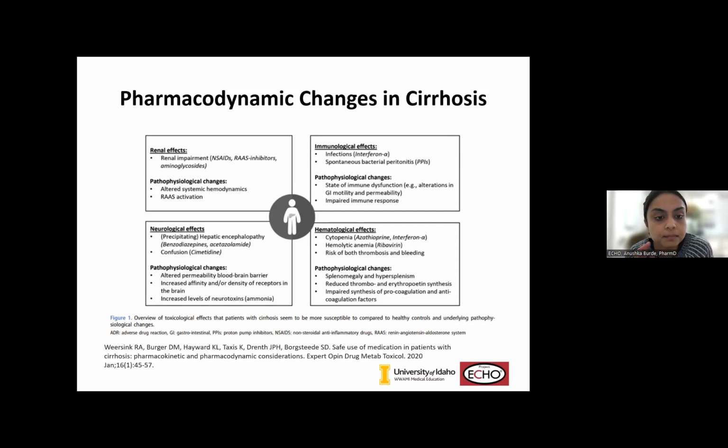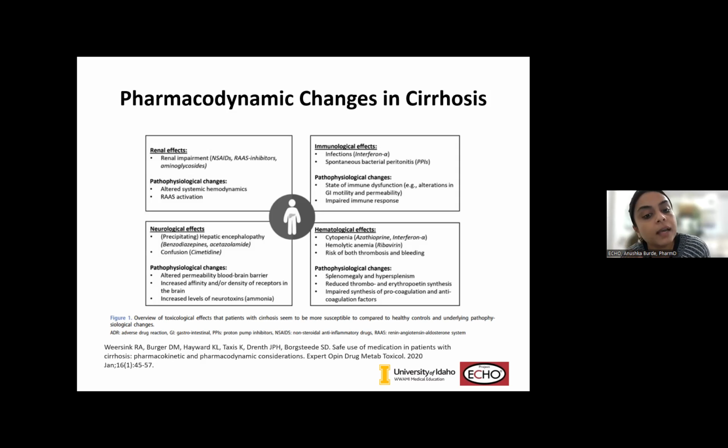Now, patients with cirrhosis also experience neurotoxicity. They can have confusion or hepatic encephalopathy in some patients with advanced cirrhosis. The proposed mechanism is altered permeability of the blood-brain barrier. This is probably contributed to by high levels of bilirubin, which downregulates P-glycoprotein efflux pumps.